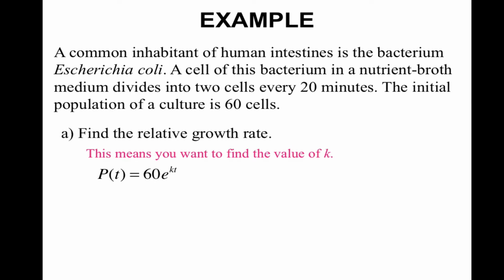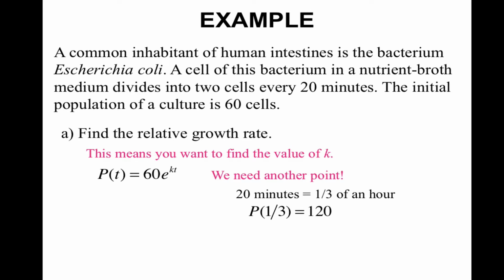So I know by using my particular solution that I have P of t equals P naught, so my starting number of cells, which in this case is 60, times e to the kt. We need another point. So basically, in order for me to solve for k, I need the value of the population at some time value. Well, we know in this problem, 20 minutes equals 1/3 of an hour.